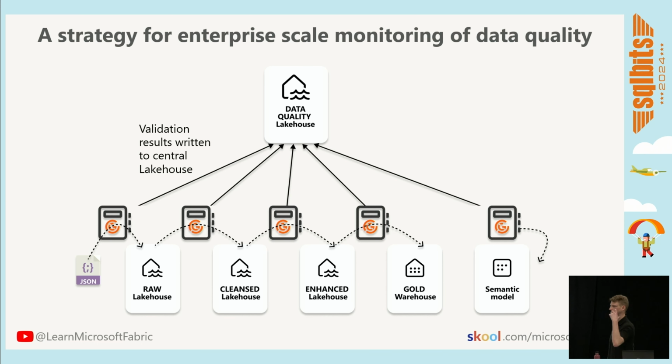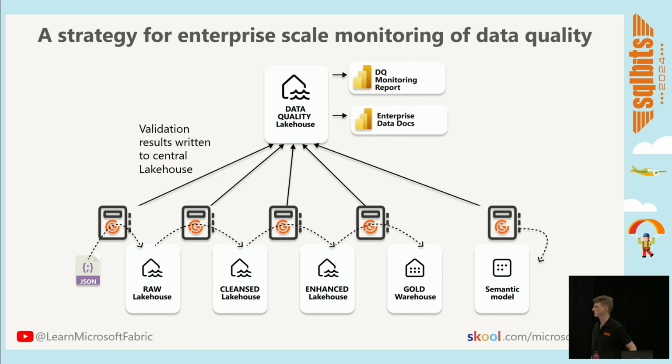That's going to tell us how many rows in that data set pass and fail for each test. And we can write that centrally. We can create a new lakehouse for storing our data quality metrics, right? And that's going to become a really valuable data set for your organization.